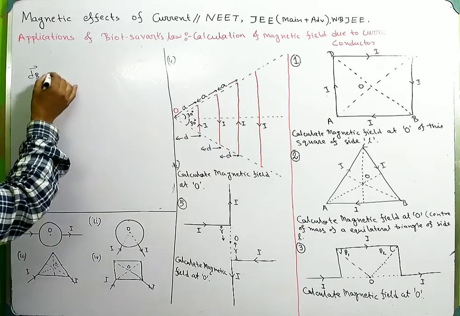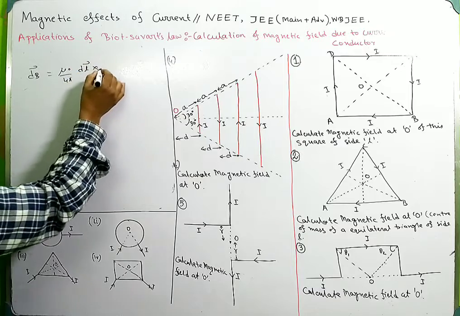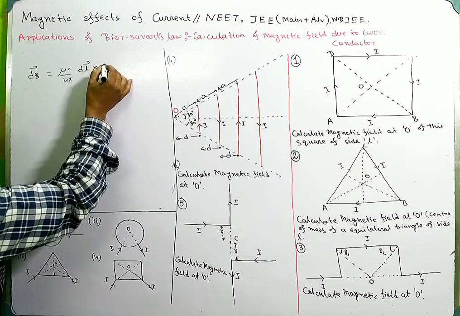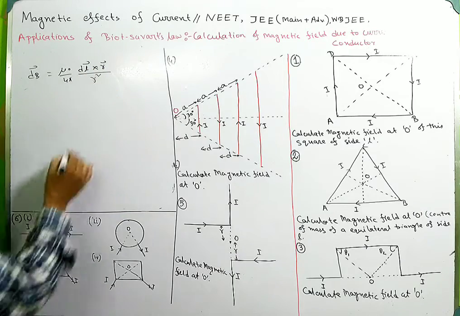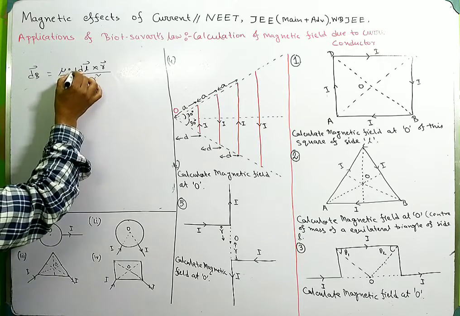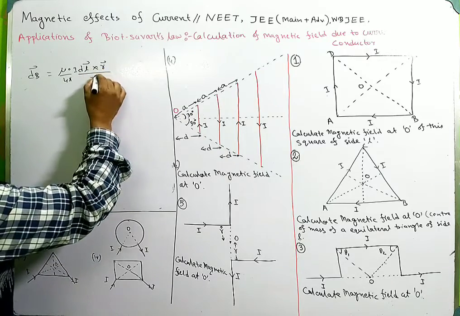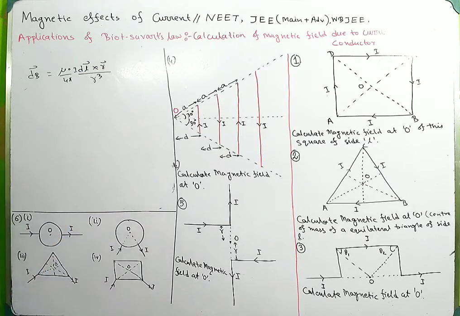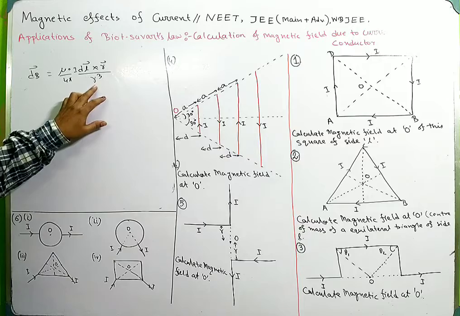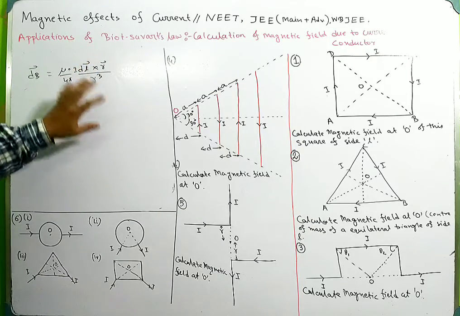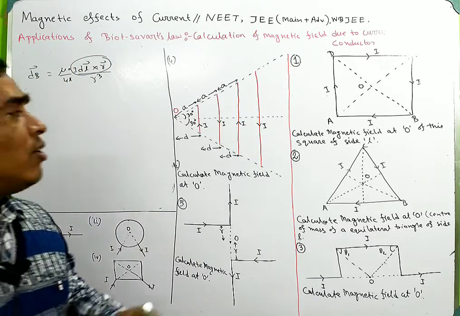By the Biot-Savart law we can write that dB equals mu 0 by 4 pi, I dl cross r vector divided by r squared. Since this is the r vector, it will be r cubed, so mu 0 I dl cross r vector divided by r cubed. This is the Biot-Savart law. So using the vector product we can easily calculate the direction of the magnetic field.